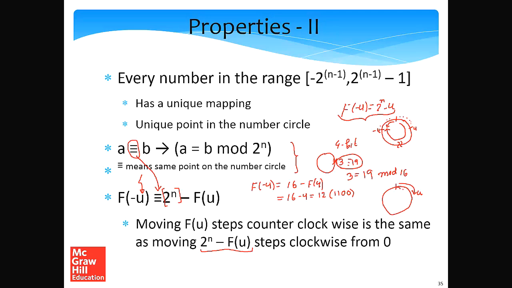So when we want to compute the notation of f of minus u, minus u basically means that we start at the origin and move u steps in the counterclockwise direction, which essentially means that we move 2 to the power n minus fu steps in the clockwise direction to reach the same point.